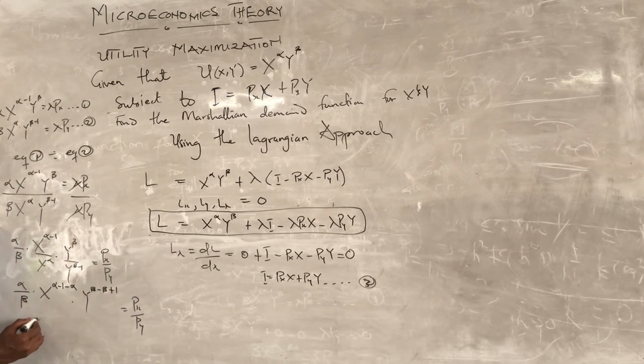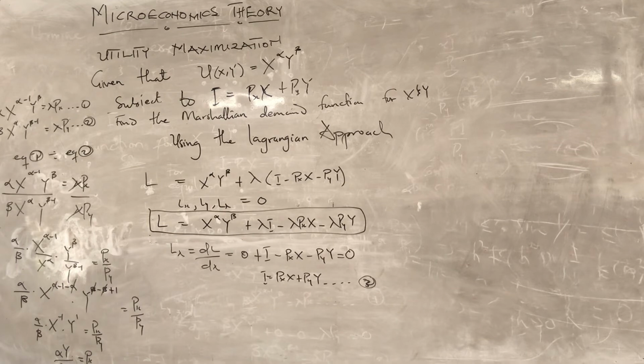And I'll get alpha over beta x. This one cancels this one, this one cancels this. Minus 1 goes, y to the power 1 goes to px over py. This gives me alpha over beta x equal to px over py.